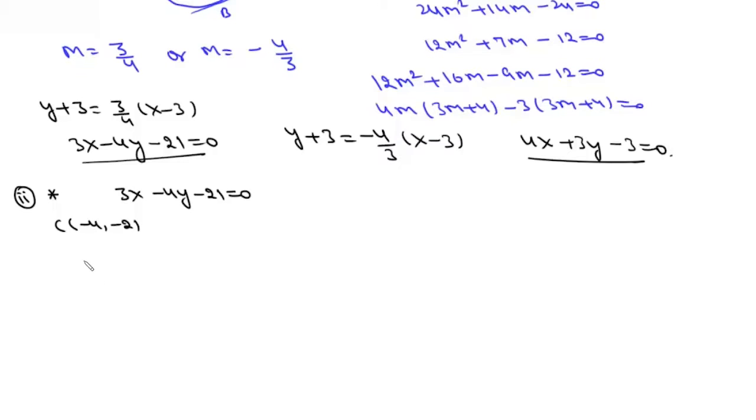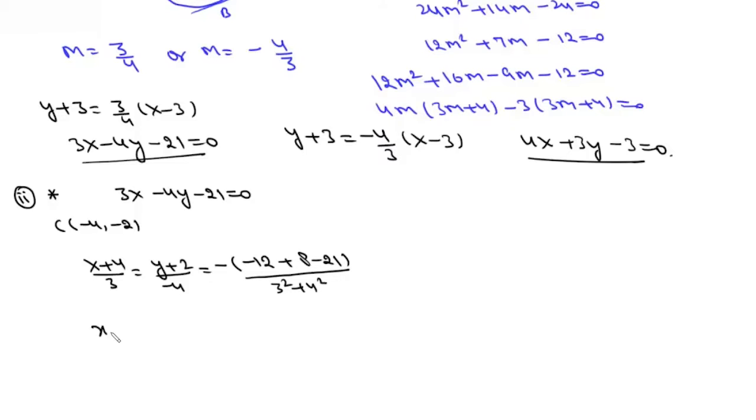Now this is (x plus 4) upon 3 equals (y plus 2) upon minus 4, and it will be equal to minus, and then this is (minus 12 plus 8 minus 21) upon 3 square plus 4 square.